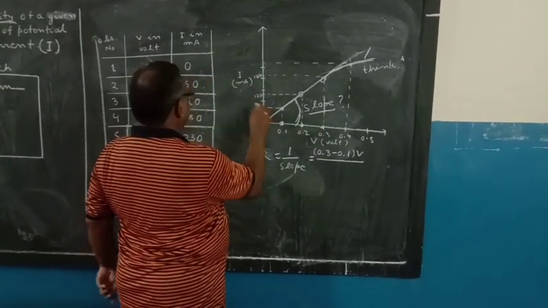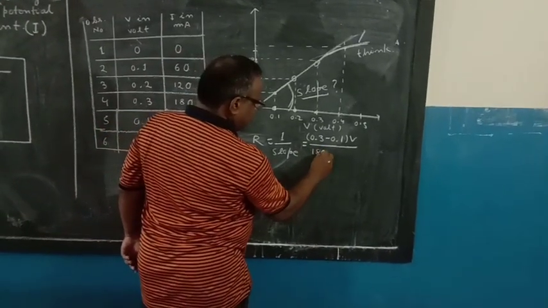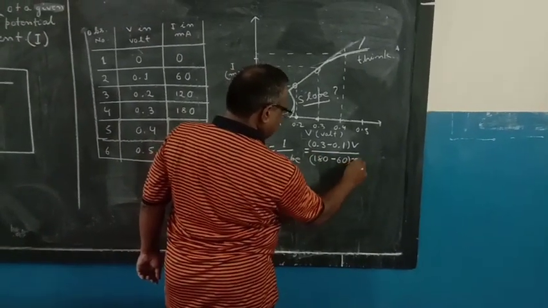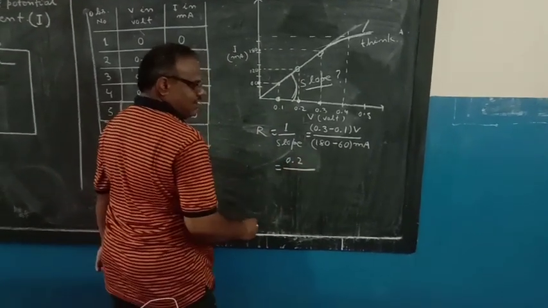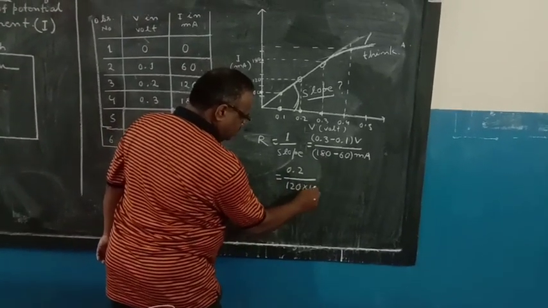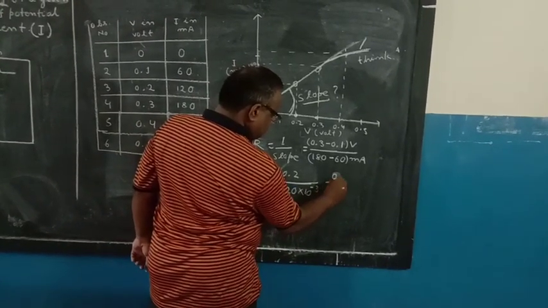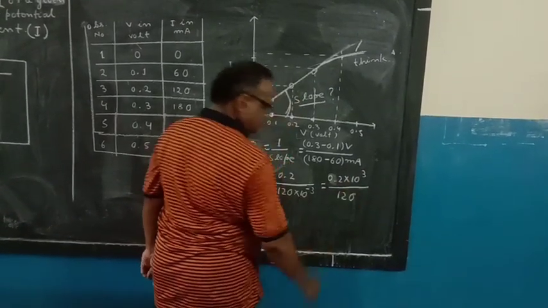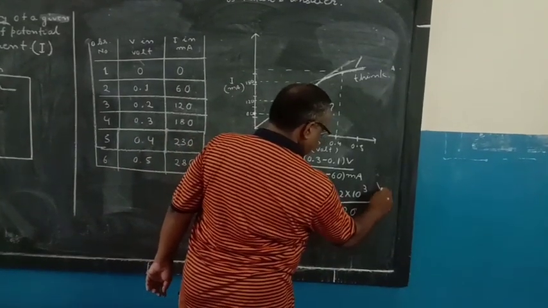This is your 60, and this point corresponds to 180, so it is 180 minus 60, this much millimeter. So you are getting 0.2 divided by 120 into 10 to the power minus 3. So it will be 0.2 into 10 to the power 3 by 120. So you calculate it, and that much ohm you can calculate.